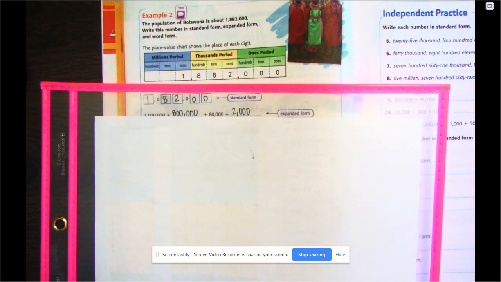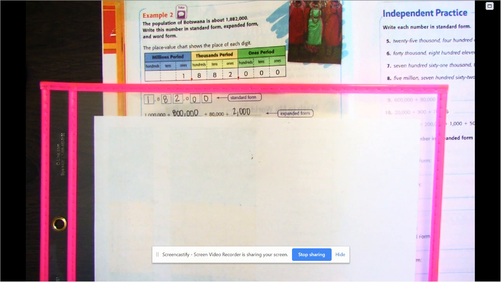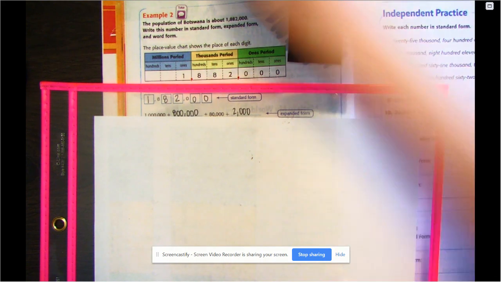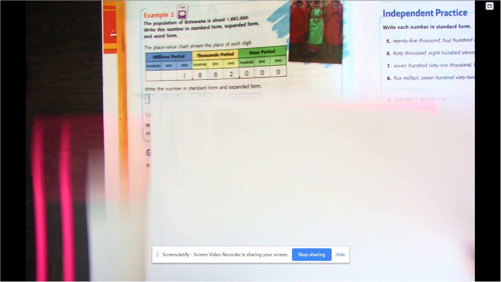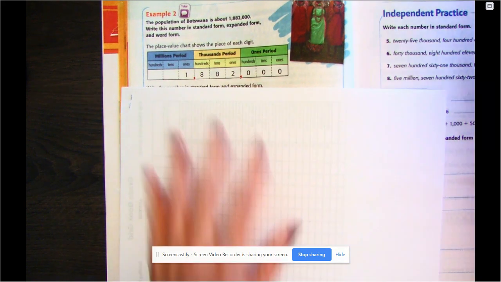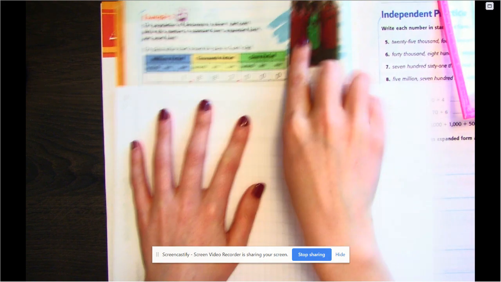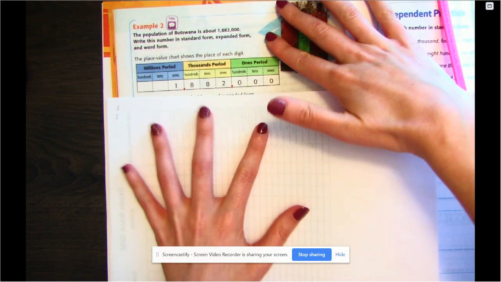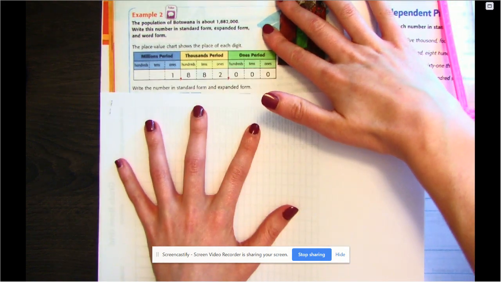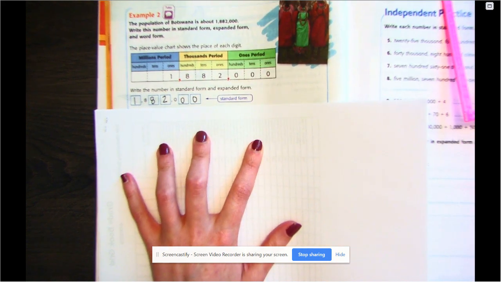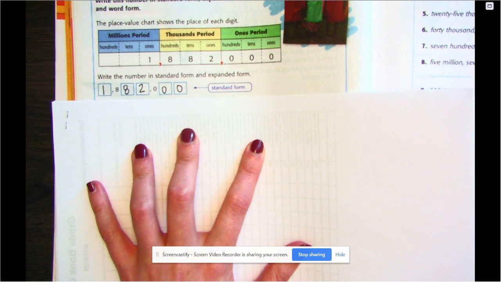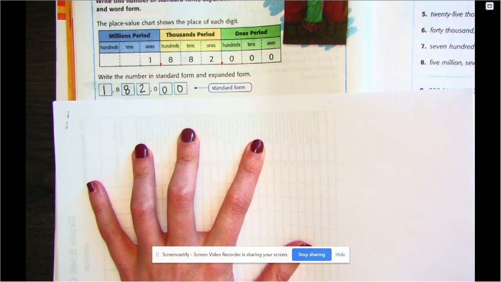So when I did this in standard form, I took the digits, let me move this paper, I took the digits of where everything was, and I just wrote it in standard form, and I filled in the missing pieces. So right here, I use the commas as a kind of good guide to see where I'm missing numbers.